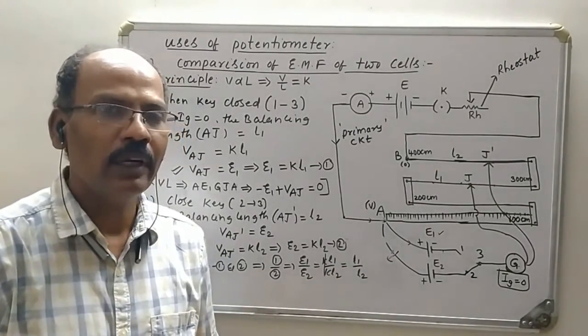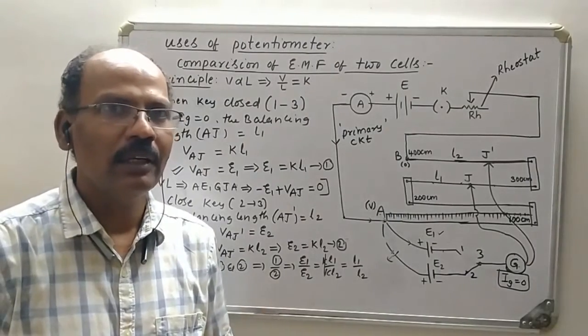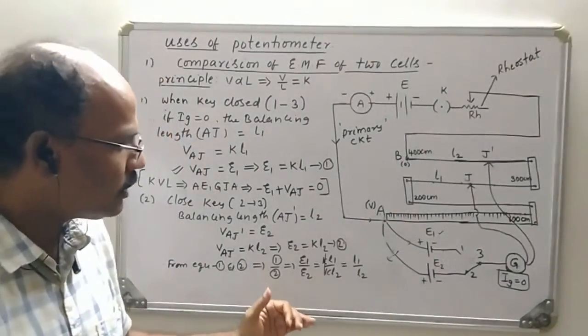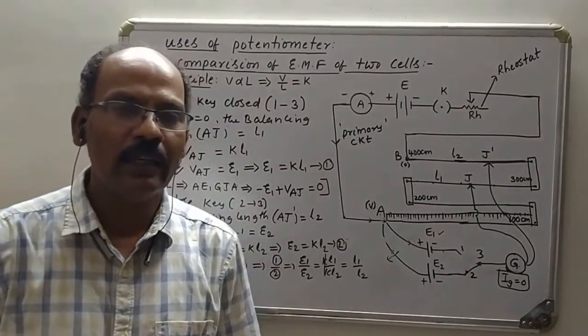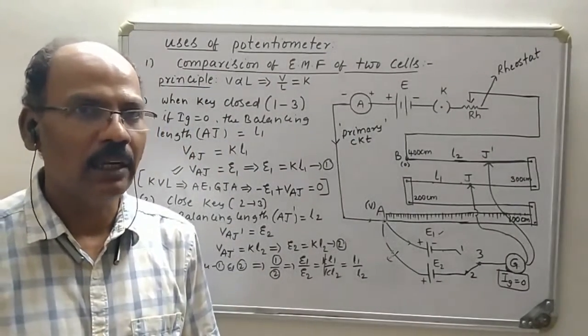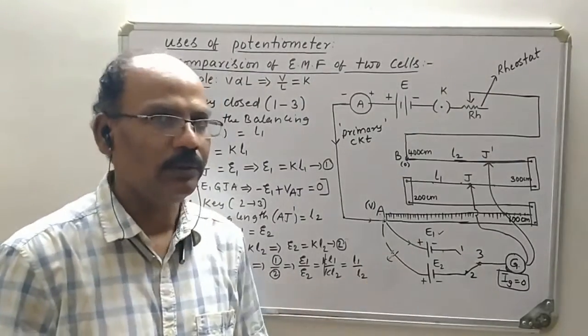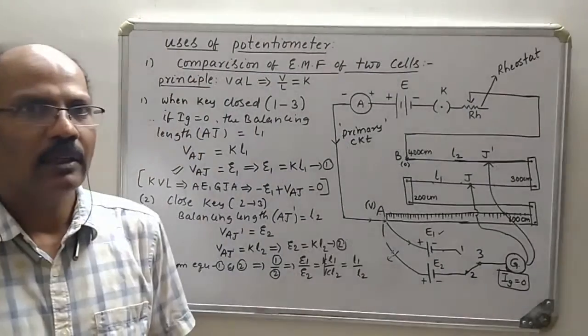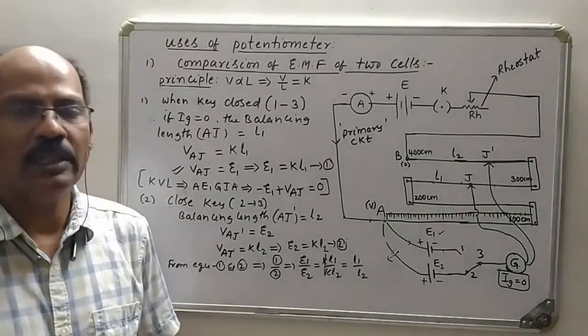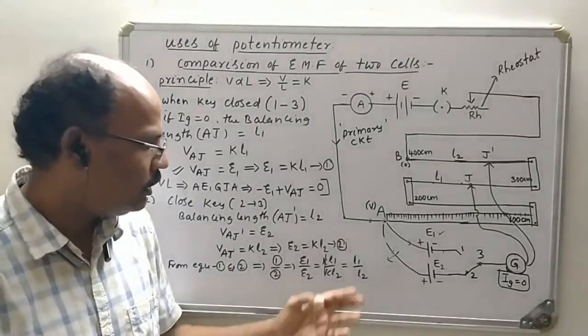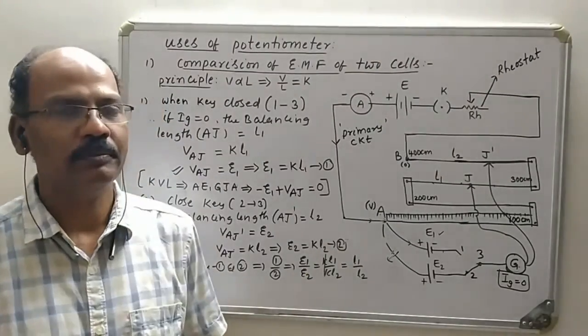So what are L1, L2? The balancing length corresponding to the first cell of EMF E1 and the balancing length for the second cell of EMF E2. So this is the mathematical equation of comparison of two cells: E1 by E2 is equal to L1 by L2.